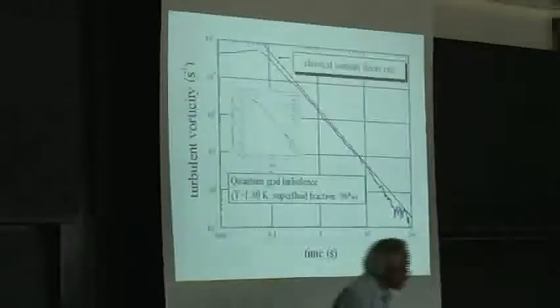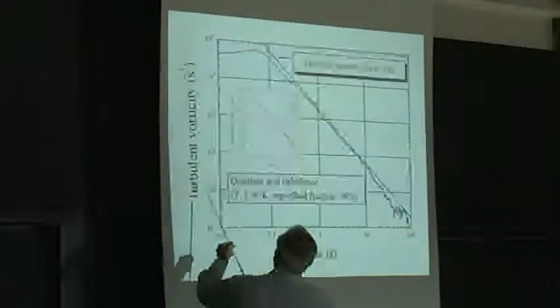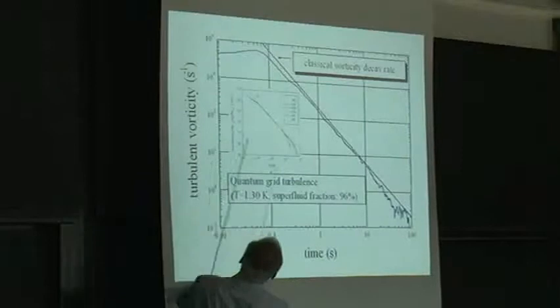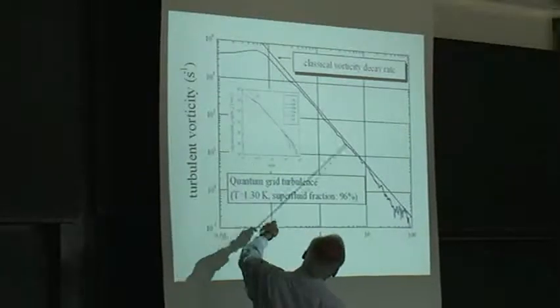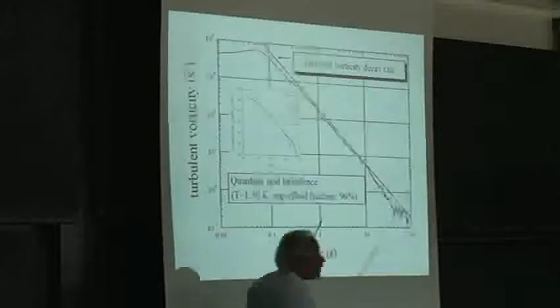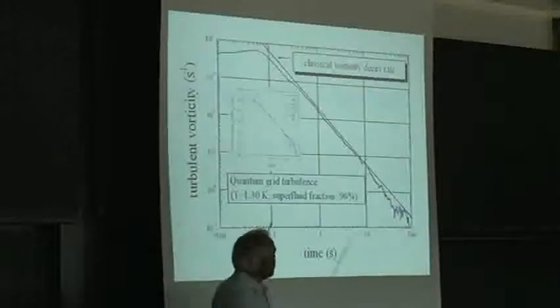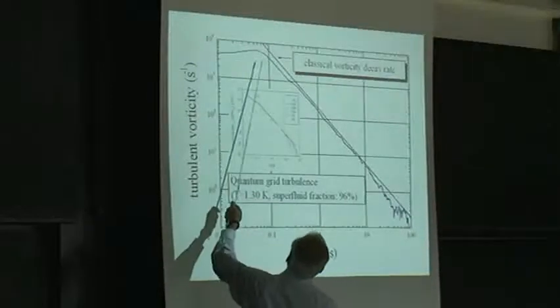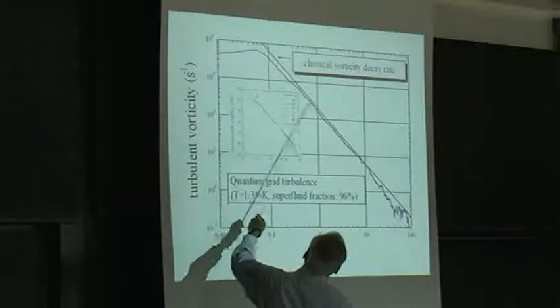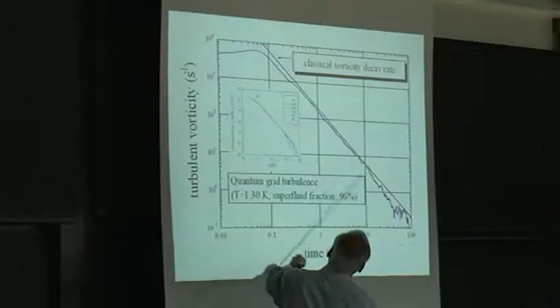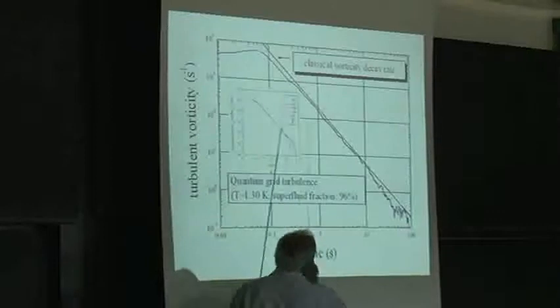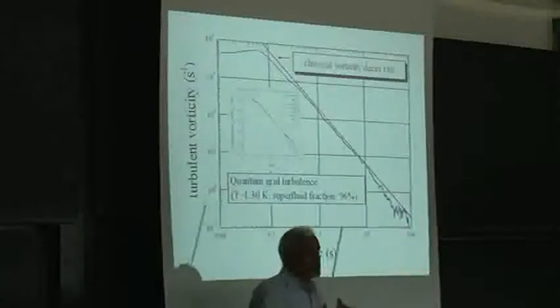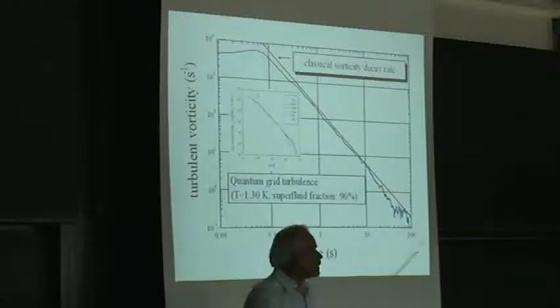And what you find is the following: as a function of time, a measure of vorticity here. So this is the -3 power that is applicable to the classical turbulence when you have the length scale not growing any further. And what you find here for the quantized turbulence is something very similar, also following the -3 power. And you can do this for different Reynolds numbers, actually meaning different temperatures, which means different viscosities.